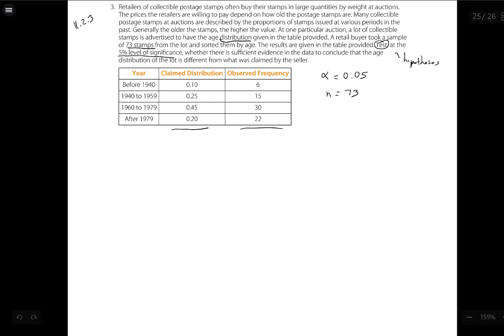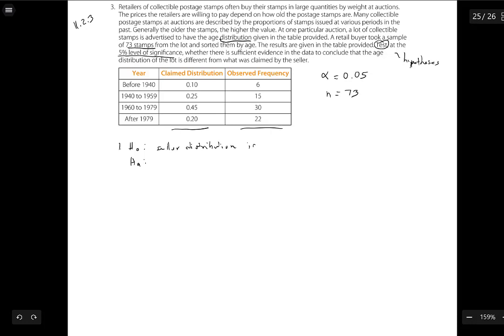So first, we need to determine what our null hypothesis and our alternative hypothesis are. Because we're doing goodness of fit, the hypotheses are in words rather than a formula like we had before. So our null hypothesis is that the seller distribution is correct.